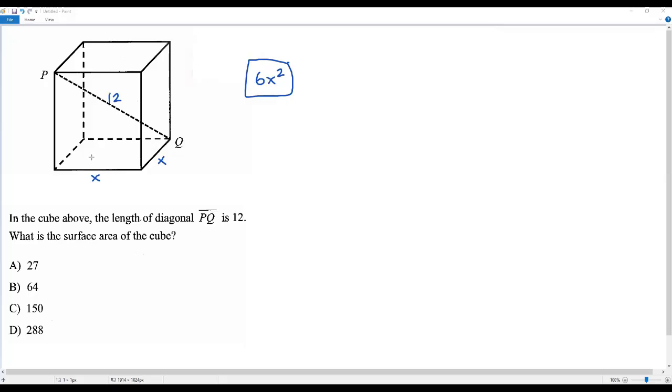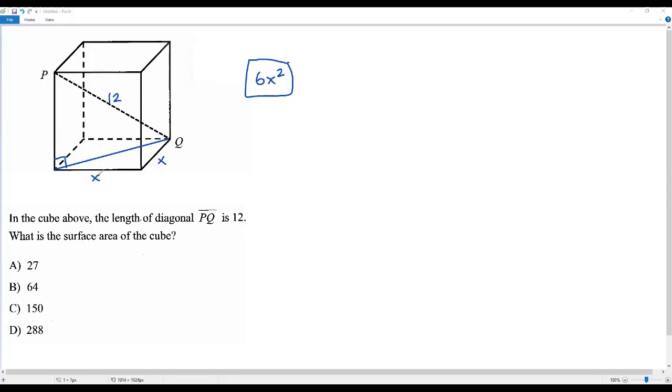Now let me draw the diagonal of the square base. Here this is a vertical line, and the angle between this vertical line and any line at a point on the base is a right angle, that is a 90-degree angle. So the angle between this vertical line and the diagonal of the square base I've drawn is a right angle.